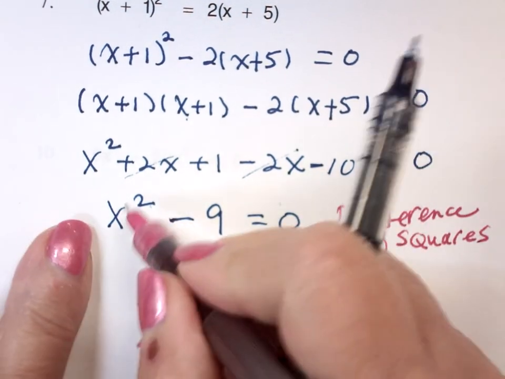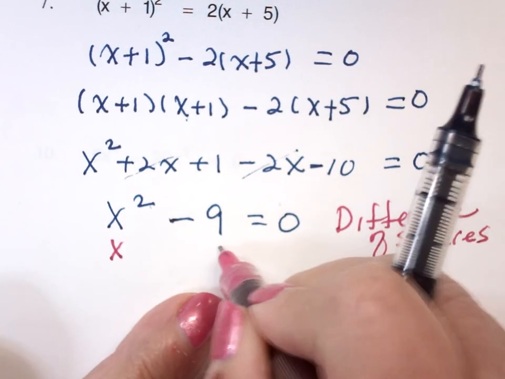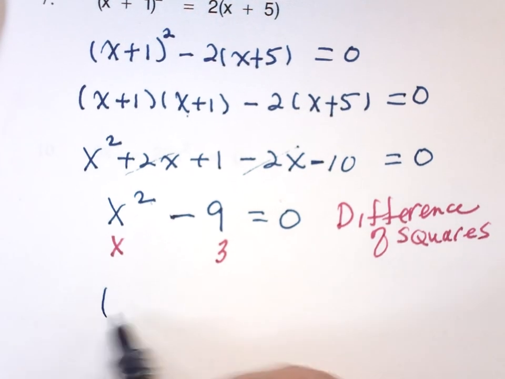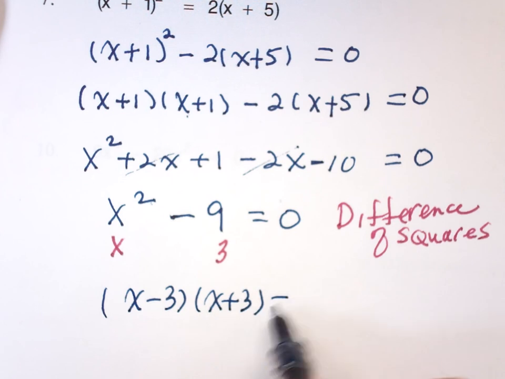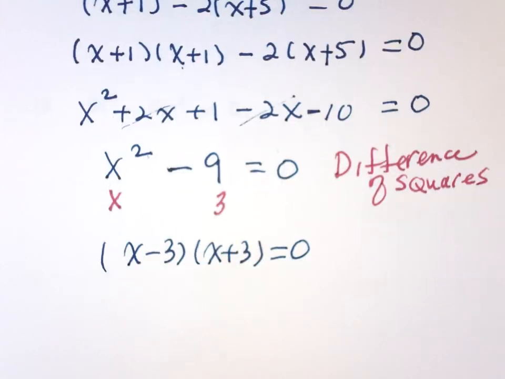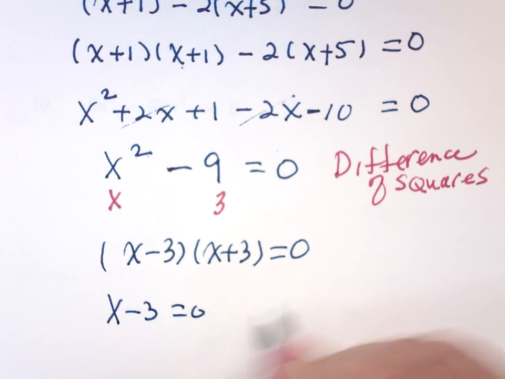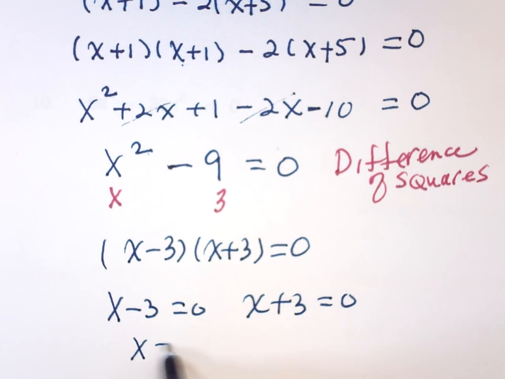What do I multiply twice to get x squared? It's x. And twice to get 9, it's 3. So this is x minus 3, x plus 3 equals 0. This says that x minus 3 equals 0, x plus 3 equals 0, x is 3, x is minus 3.